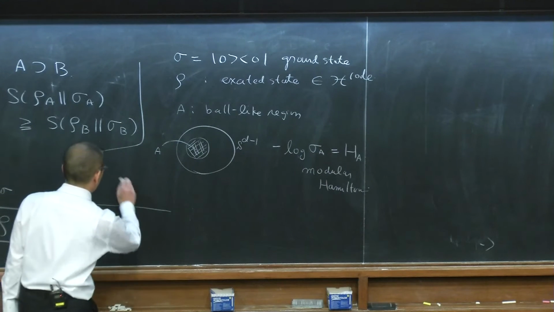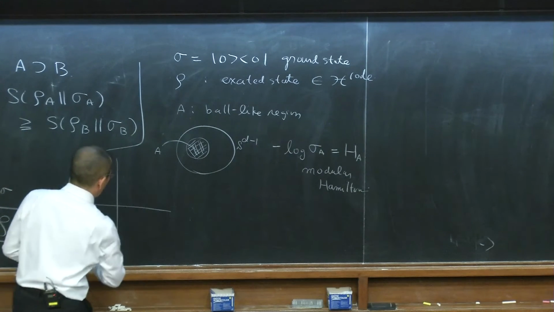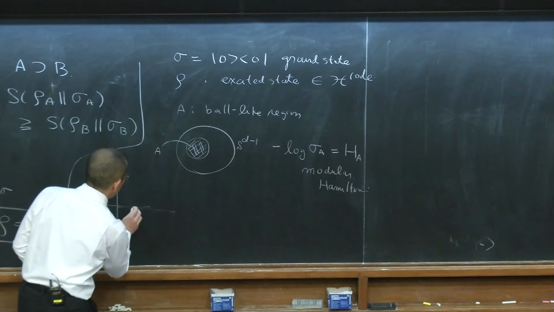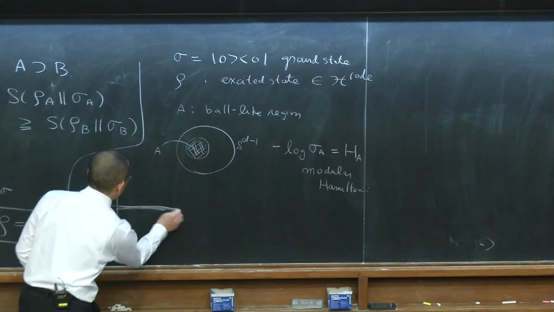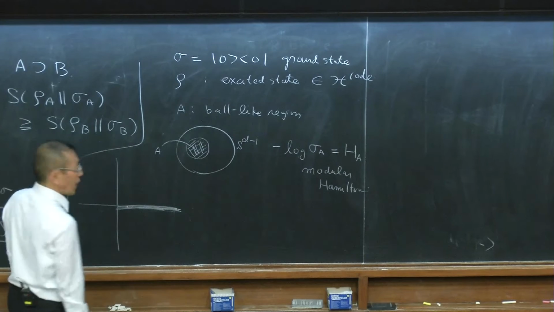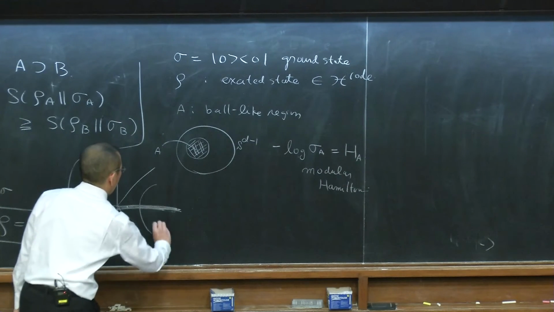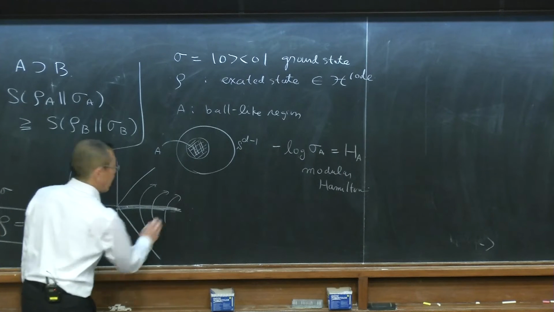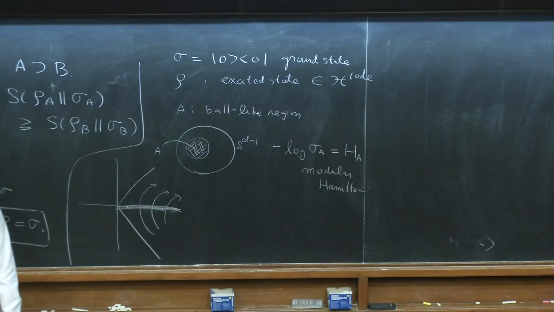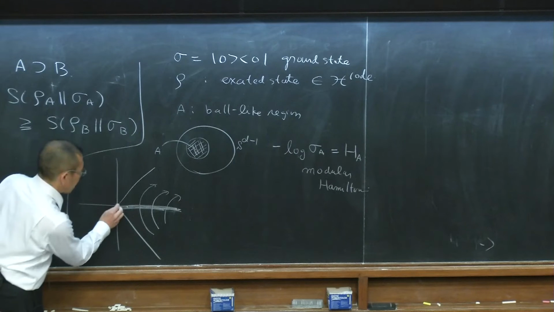And if you have a hemisphere, pictorially it's half of the space, so suppose this is a space-like section of the conformal field theory. Then there is a Rindler Hamiltonian, which is actually a boost Hamiltonian associated to this half of the space, which has a fixed point.